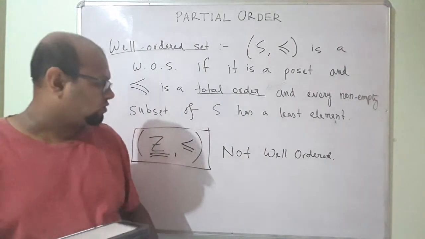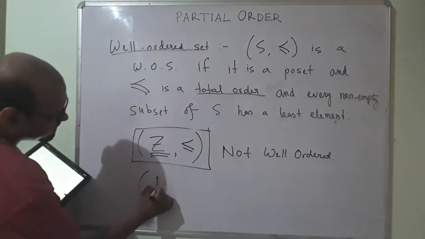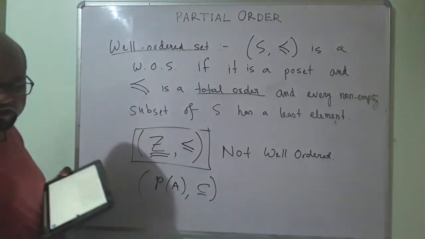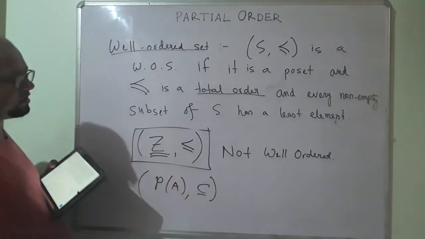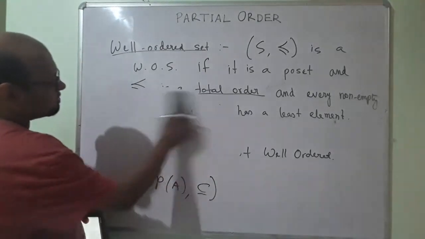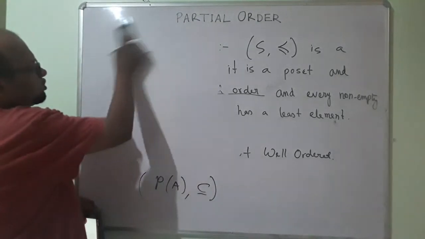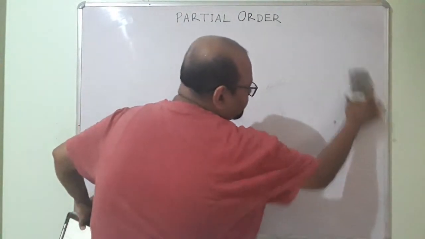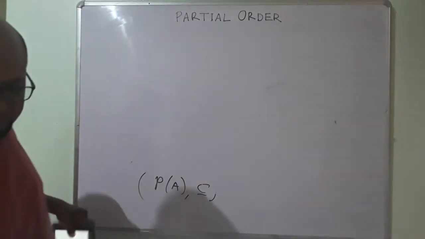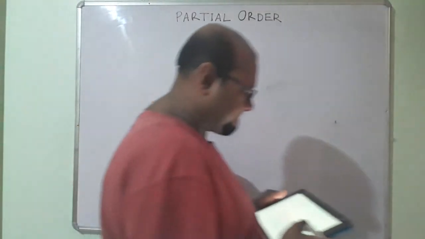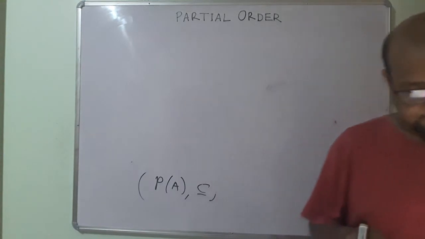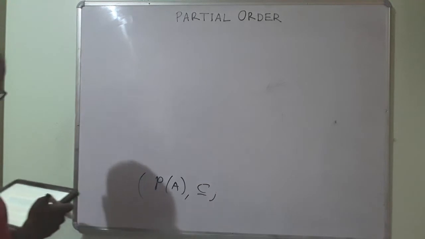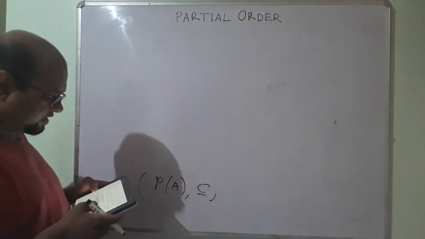Now tell me, think about it. This relation that we saw, the power set of some set and the subset relation, is it well-ordered? You will need a least element in this set.